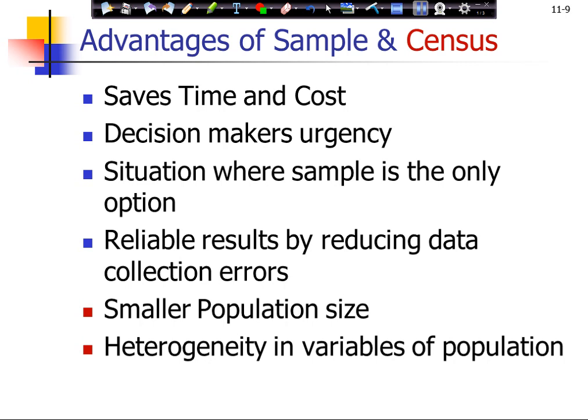If we go for a complete enumeration, there would not be anything left for use. One more example: we could be testing the quality of photographic film. To test the quality, we need to expose it completely, and the moment it is exposed, it gets destroyed. Therefore, sometimes sample is the only choice.